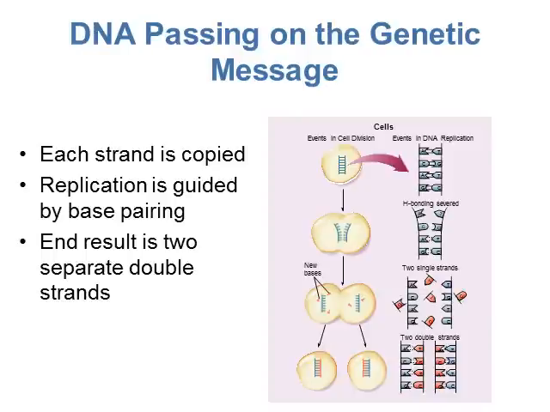So remember, adenine goes with thymine, guanine goes with cytosine. So at the very end of DNA replication, you get two separate double strands. So if you look at the image on this slide, you start with one DNA double strand up at the top. Those two strands separate from each other. You have complementary base pairing, and you end up with two double strands at the very end of this replication.